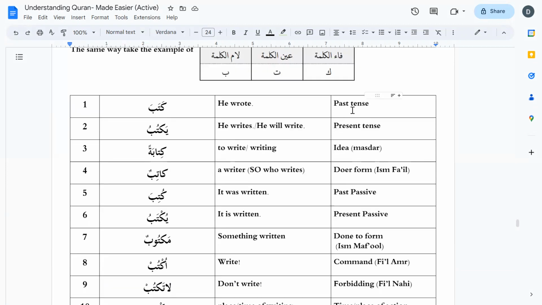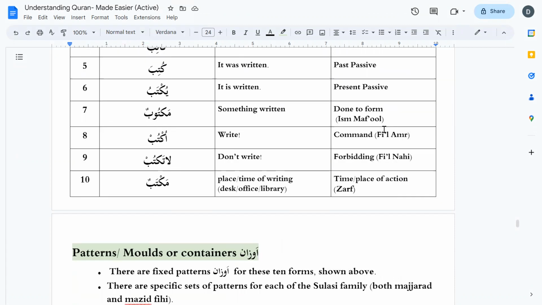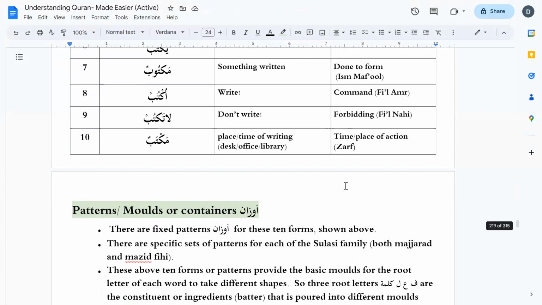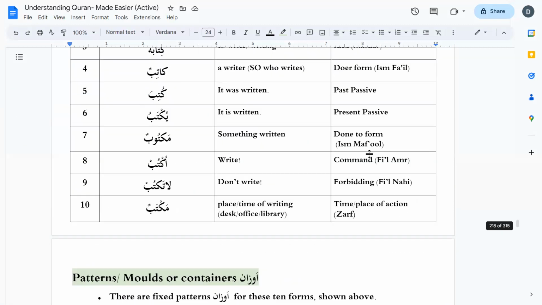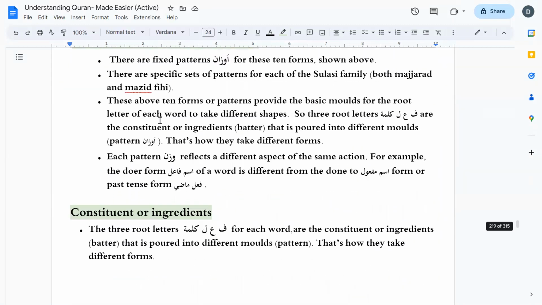In Sarf Saghir you have past tense, present tense, then masdar, then the doer form, ism fa'il, and then you have past passive, and then you have present passive, and then ism maf'ul, and then commanding, forbidding, and then the ism zarf, which is the time or place of that action. So these are different Sarf forms, and all these different siga that you learn come under Sarf Saghir.